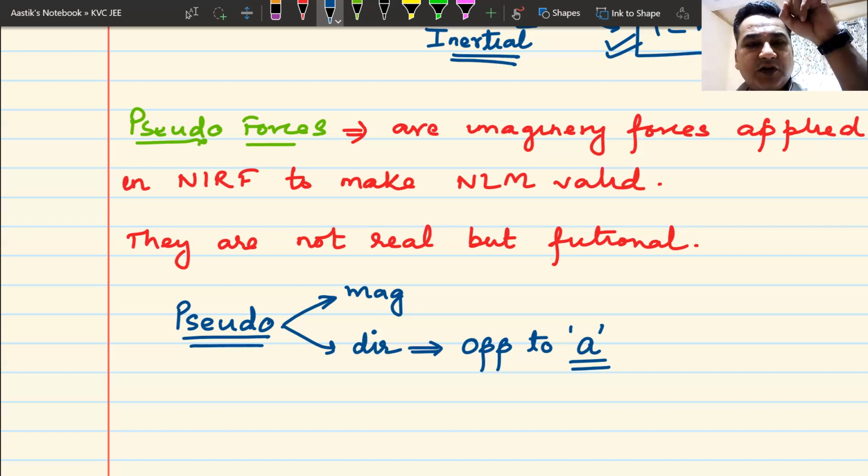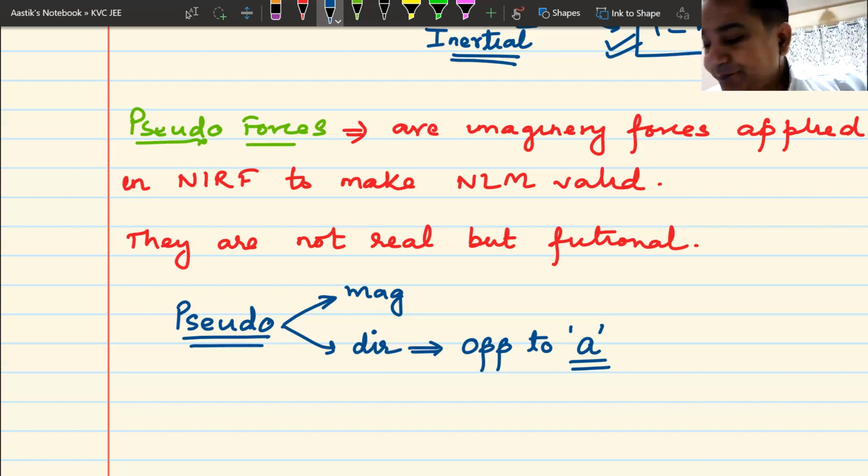If acceleration is upwards, pseudo force is downwards. If acceleration is downwards, pseudo force is upwards. If acceleration is left, pseudo force is right. If acceleration is right, pseudo force is left.